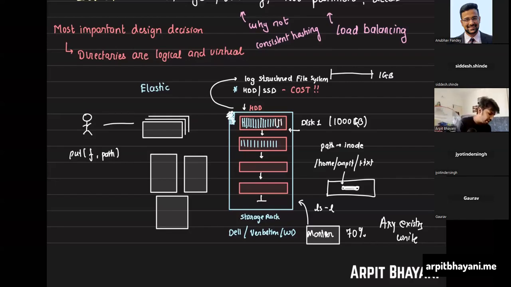So you cannot wait until the last moment to start writing to the next hard disk. You would always do it when it's 70%. Any existing writes that are happening can still happen, you have enough room available to complete them, and the newer writes can start happening over here. So this way you do it.